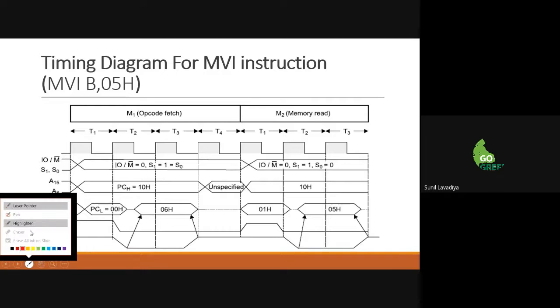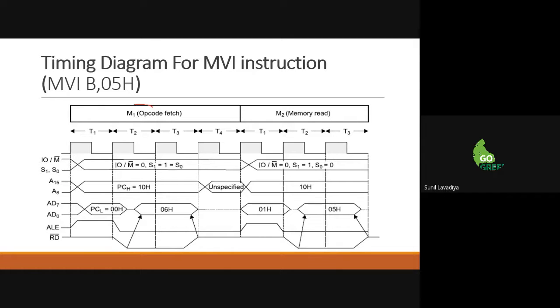Let me use a pointer. In the first T states, we are going to do the opcode fetch, and then the memory part. As I told you, approximately 4 timing cycles, T1, T2, T3 and T4, are used for the opcode fetch.